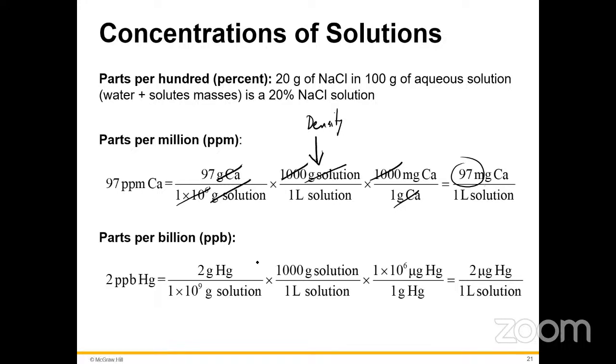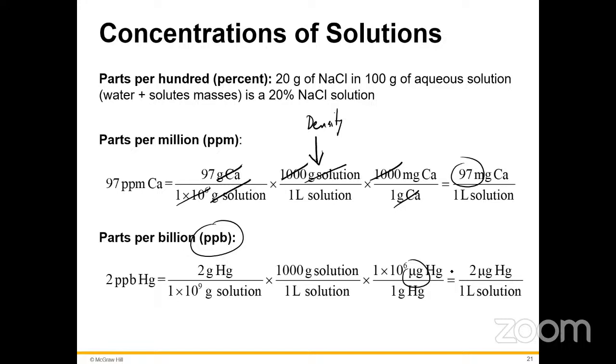And down here is a similar calculation. The only difference is that we're talking about parts per billion, which is the mass in grams per billion grams of the solution. We do a similar calculation. The only difference is that at this point, we're talking about the microgram of mercury in 1 gram of mercury. That's a million.